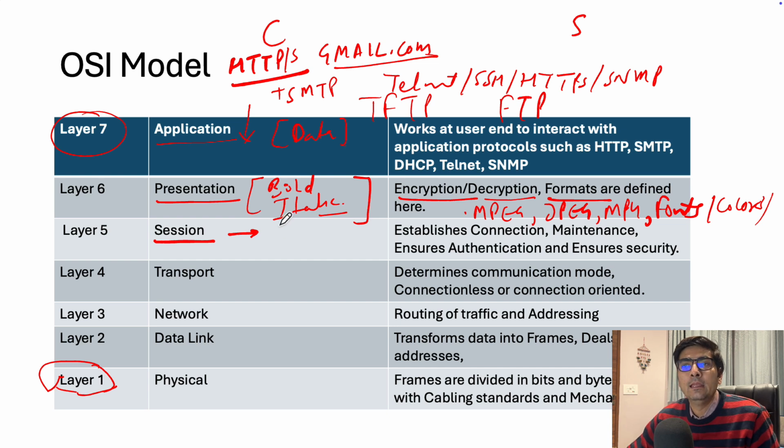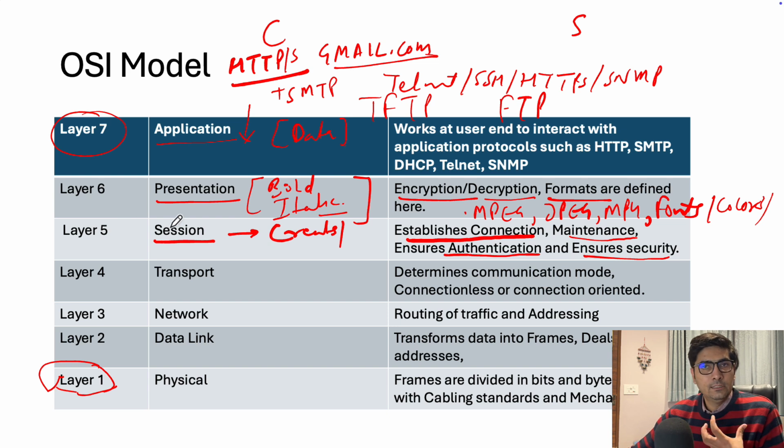Like the name says, it creates, maintains and deletes sessions. See, you access Gmail, you are establishing a connection, right? So this layer is responsible for that. It establishes the connections, it maintains, it ensures authentication, and it ensures the security of your data. All right. So this OSI model is very useful to get a good understanding of what things work at every layer and between the client server communication.